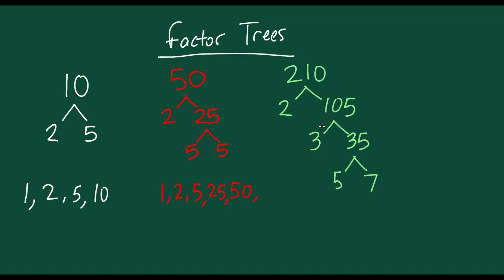So now, if we wanted to know the factors of 210, we could say 1 and 210, 2 and 105, 3 and 35, and 5 and 7.